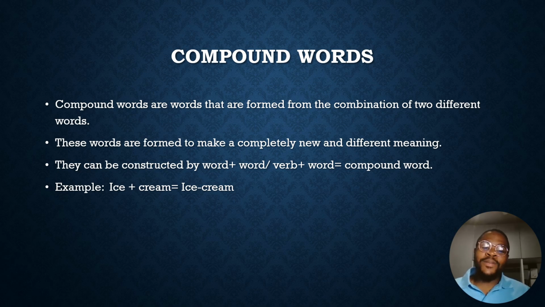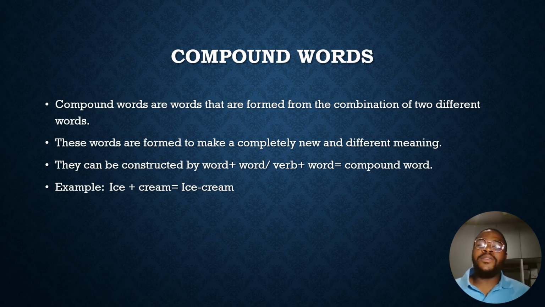These words are formed to make a completely new and different meaning. However, my example is not to mathematical scale, meaning it is not meant to be a fine example of mathematics. It is just to show that number 1, number 2, you put them together, they give you something.